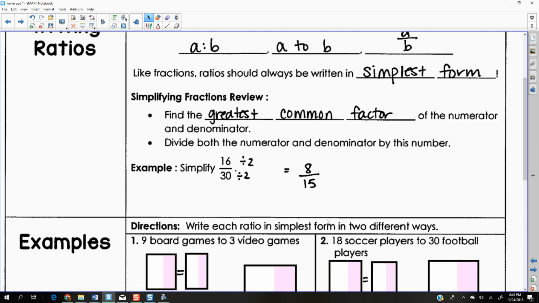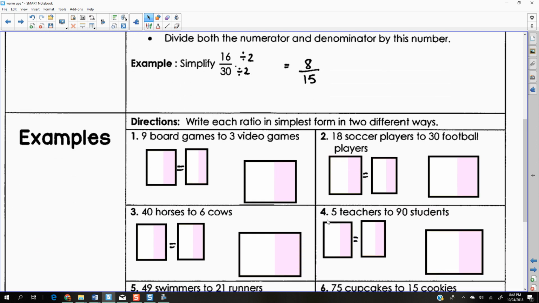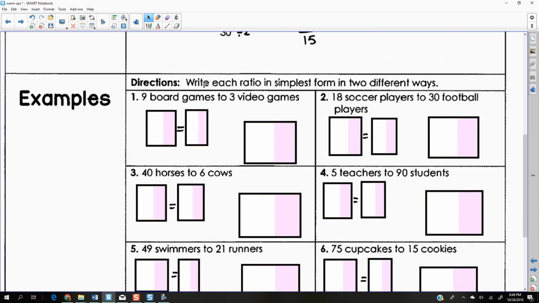All right, so now we're going to move on to doing examples of ratios. So here, we're going to write the ratios in simplest form, and then we're going to write them in 2 other ways, because the first way is going to be a fraction. So if we have 9 board games to 3 video games, 9 to 3, we have to reduce that to simplest form. 3 will divide into both 9 and 3.